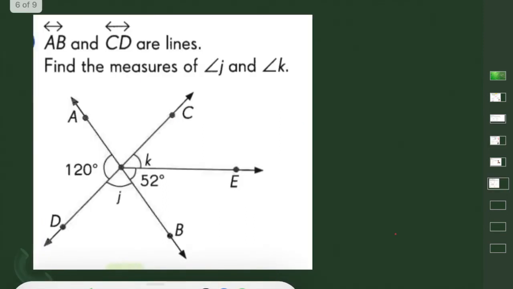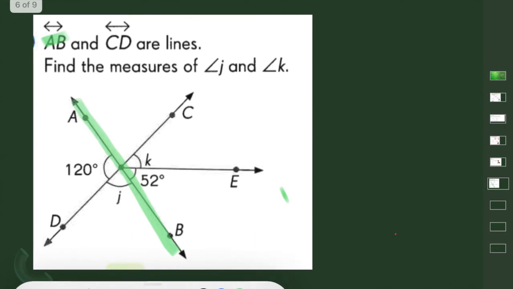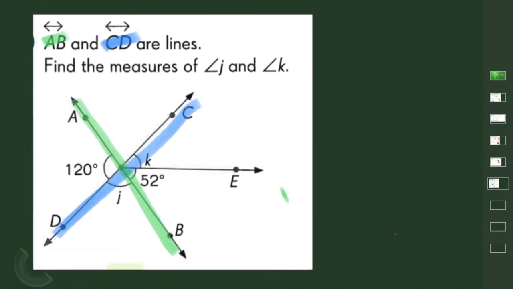Okay, your turn to think through one. I'll get you started and then I want you to think through it. So line AB and line CD are lines and they intersect. So we know that they form vertical angles. So think about what you know about vertical angles. Think about what you know about angles on lines.